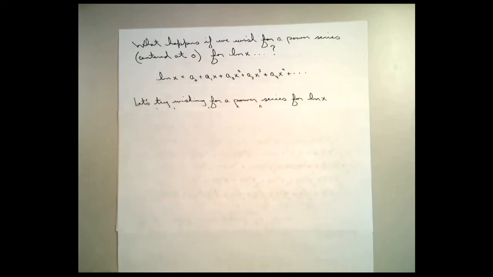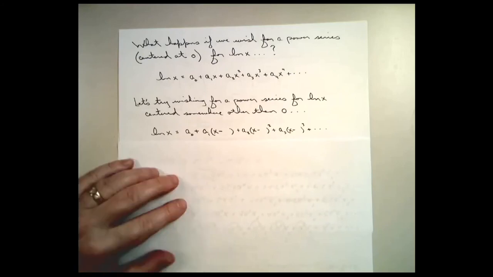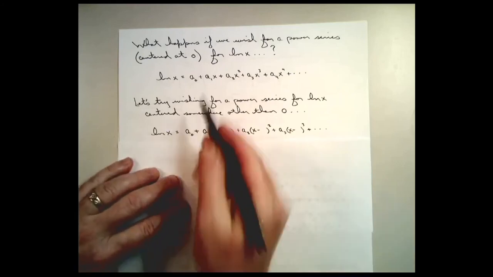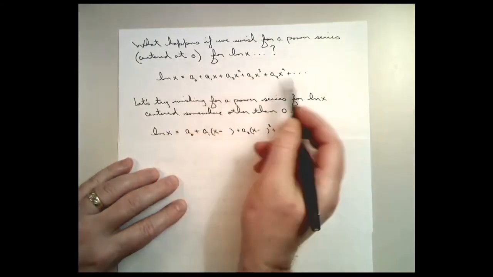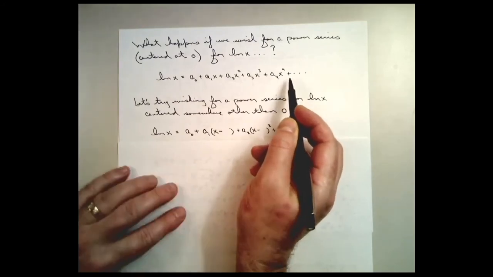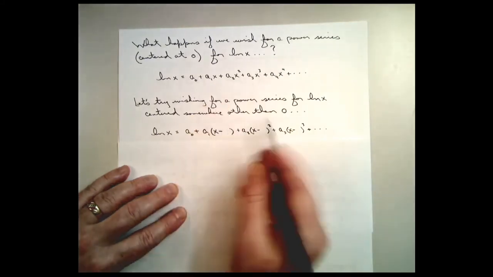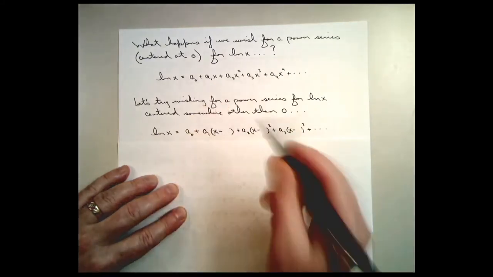Let's try wishing for a power series for log of x centered somewhere other than 0. Well, what does that even mean? Well, what that means is that we can write log of x equal to, instead of writing down these terms that are all going to collapse whenever x is 0, in place of x, let's write x minus something, right?